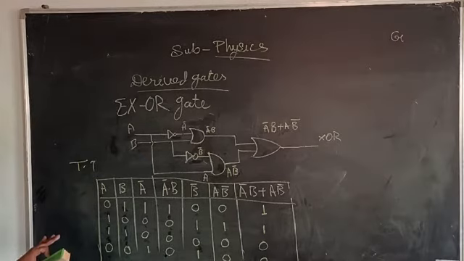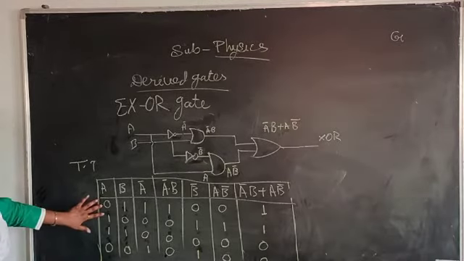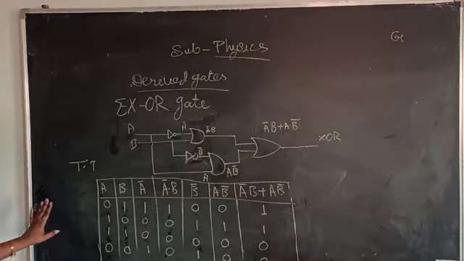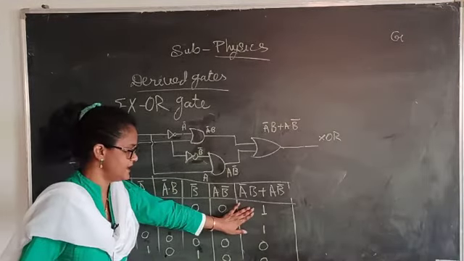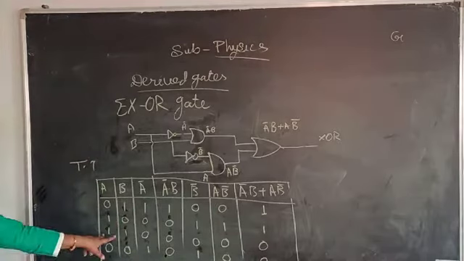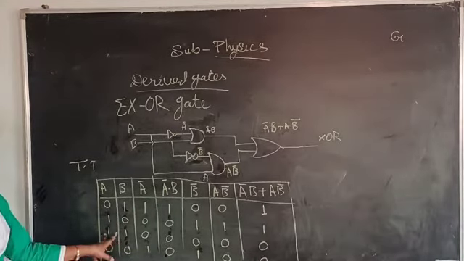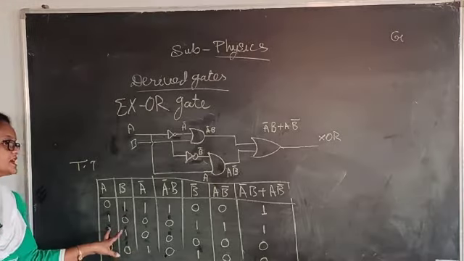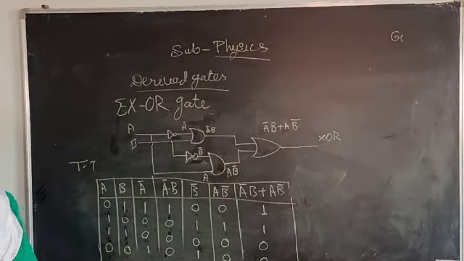And what we can conclude here is, if any one of the inputs is high, the output will be high. If both the inputs are low, then the output is low, and if both the inputs are high, the output is low.